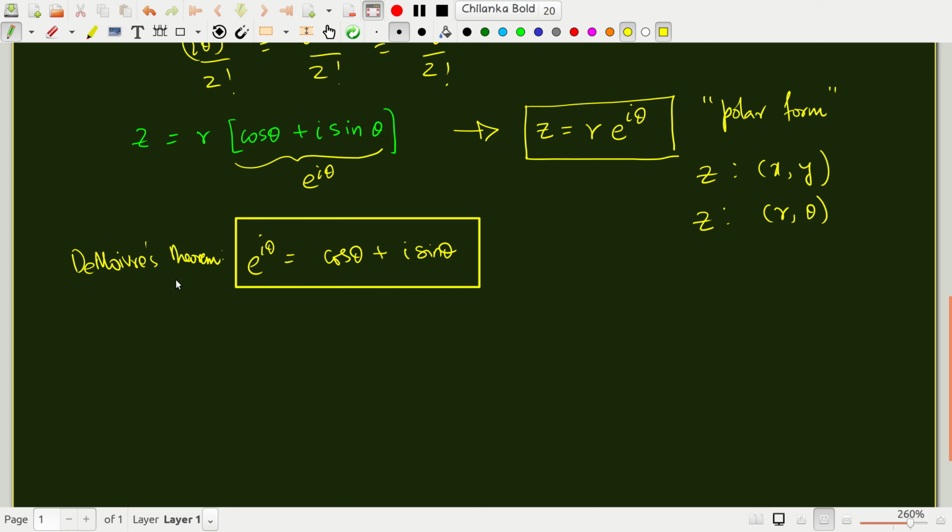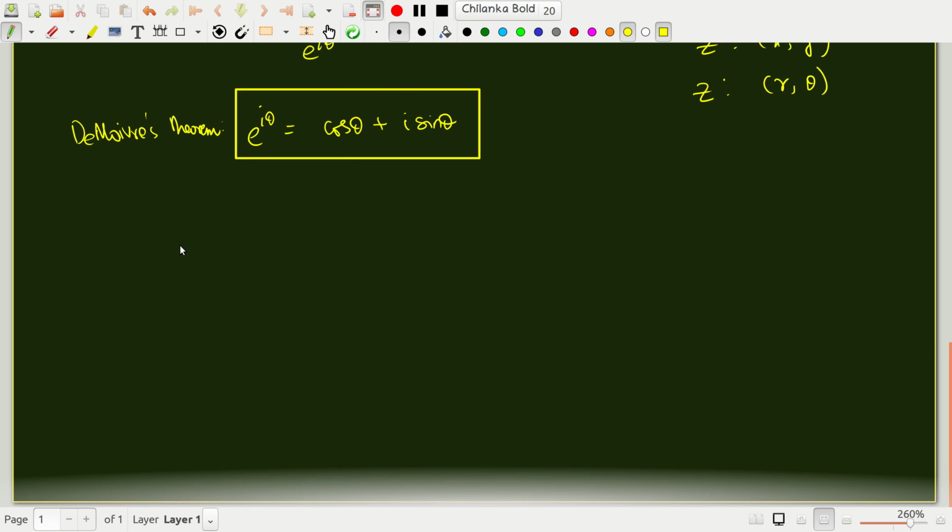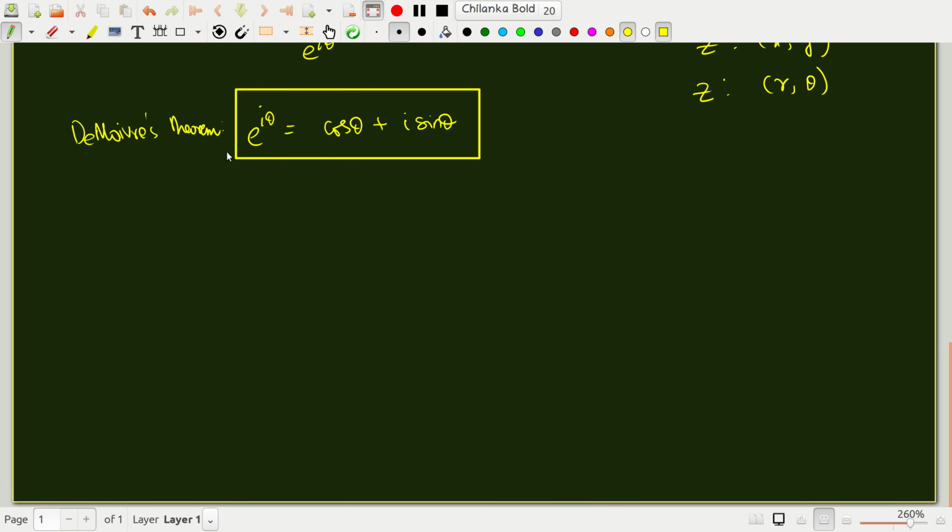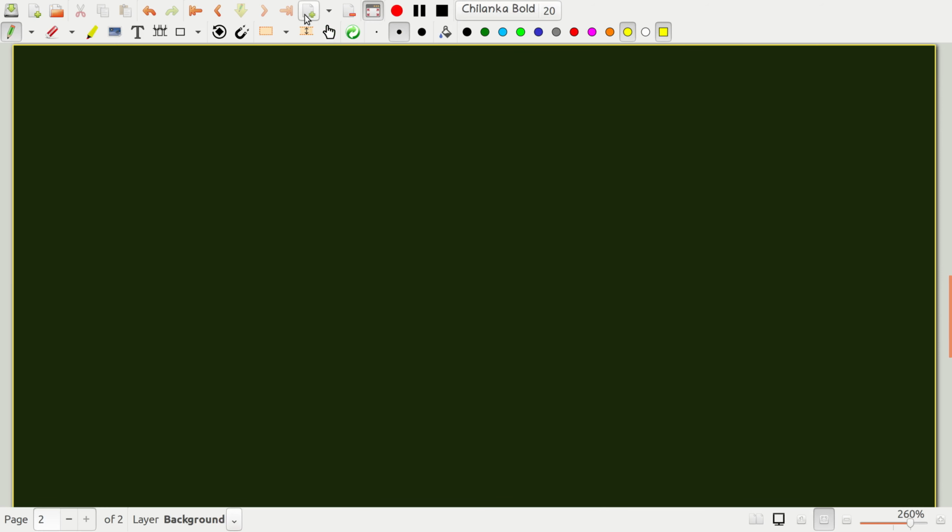Okay, so now let's see a couple of examples wherein we'll try to write a complex number. Let me take a new sheet. Let's say you have a complex number z is 1 plus I root 3. So what is its amplitude or modulus?